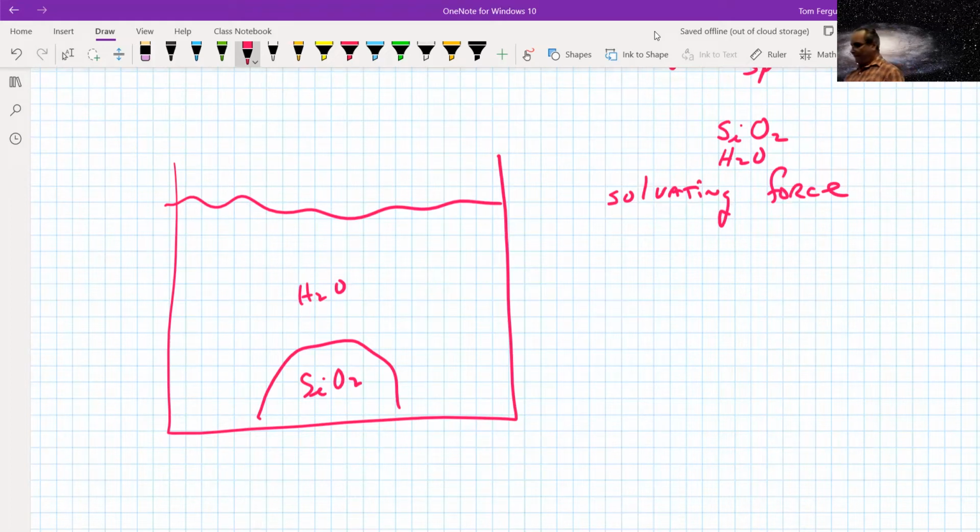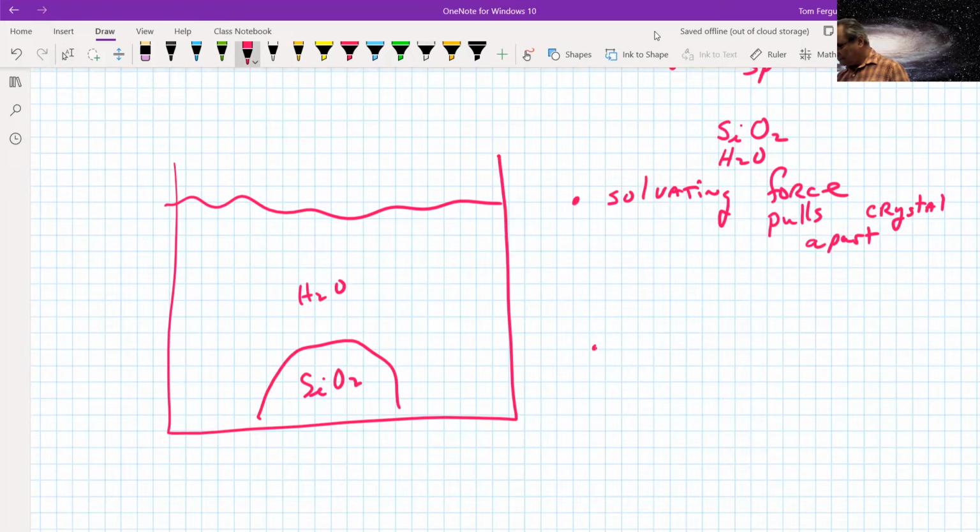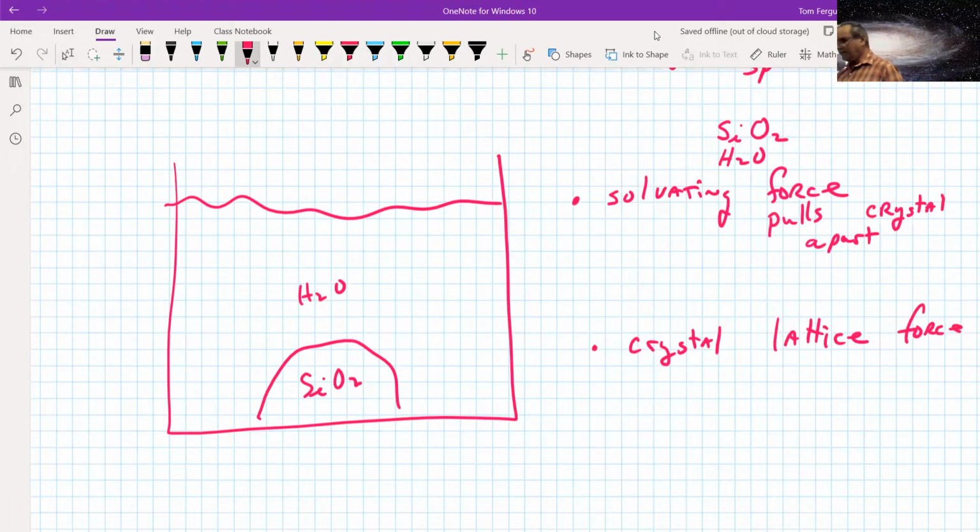Solvating force pulls the crystal apart. The other one is the crystal lattice force that keeps it together.